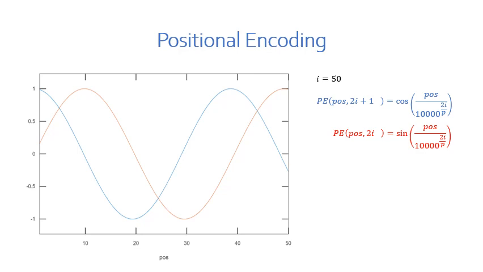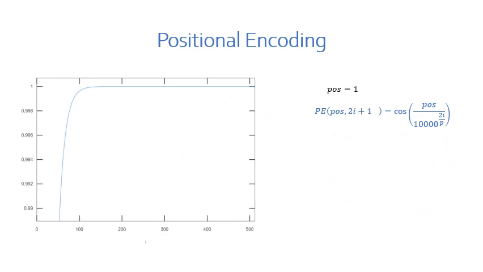To have a better idea, what I showed you was for i equal to 0. If, say, i is equal to 50, these are the functions. It's a periodic function with different frequency. When I go to higher dimensions of this vector, the frequency is low. The function is basically wider.